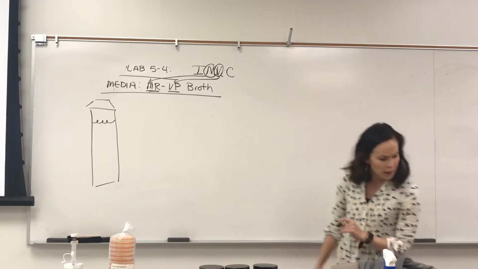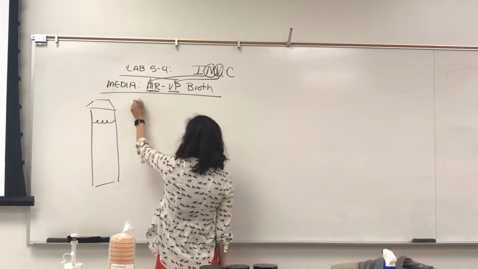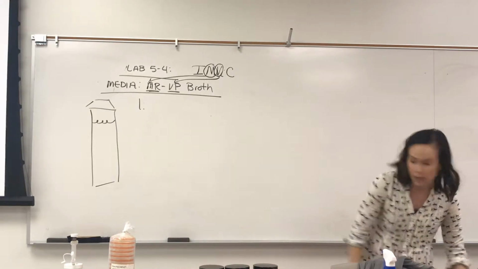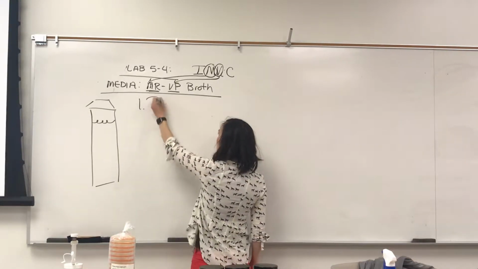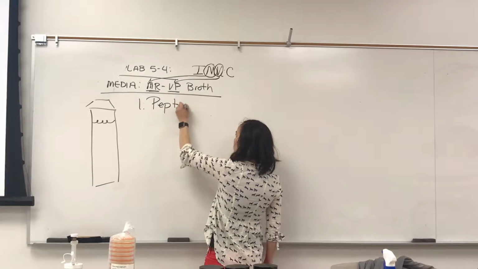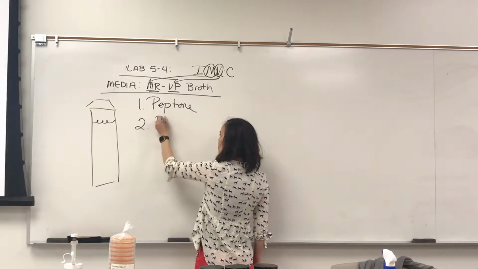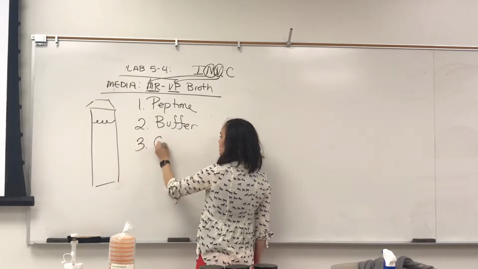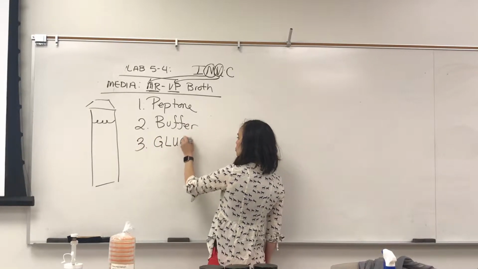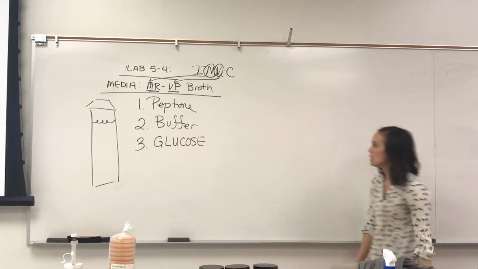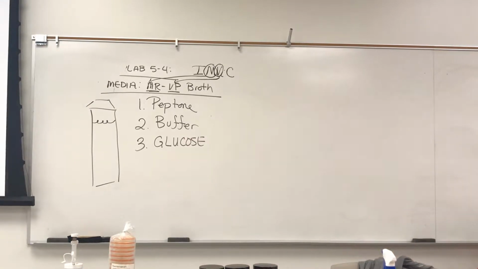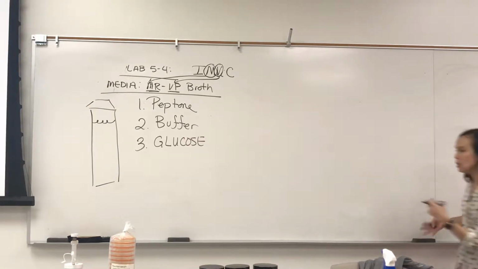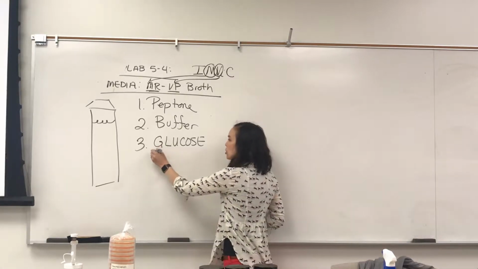We have the usual, peptone. We have a little bit of buffer that we'll mention. And then glucose, and that's it. Just those 3 pieces. So we actually don't really need a whole lot. We kind of mostly just need the sugar.